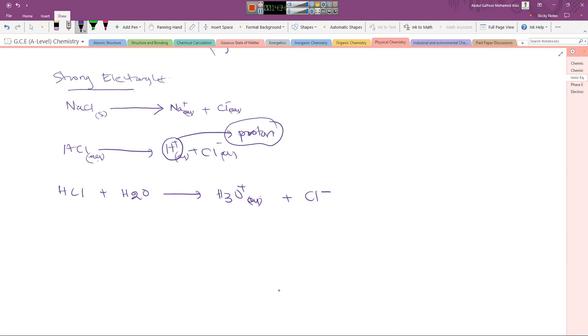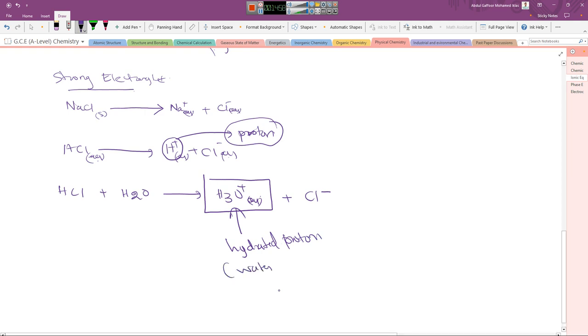So H+ ions are called protons, right? Now this H3O+ is nothing but a hydrated ion, a hydrated proton, because hydrated proton means a water-added proton, right? So we have added water to the proton.